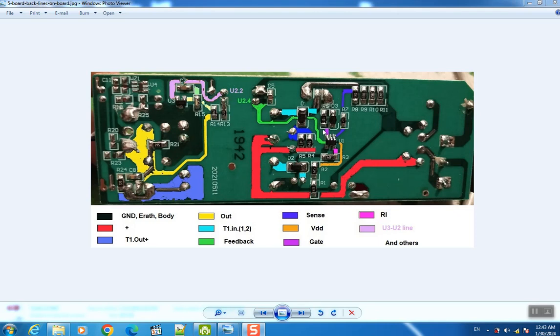This one, which has connected to our MOSFET, and other lines are identified here, which help us to troubleshoot.